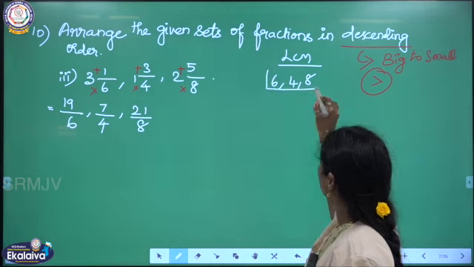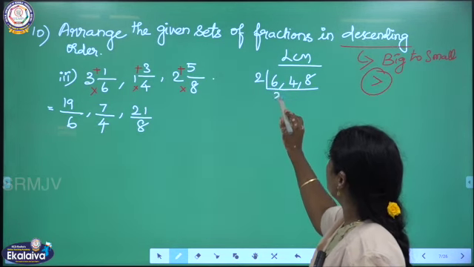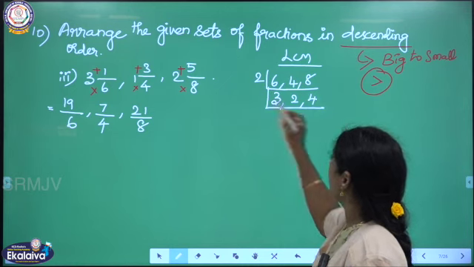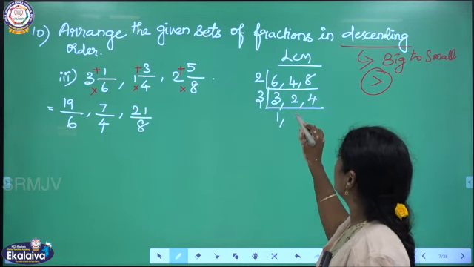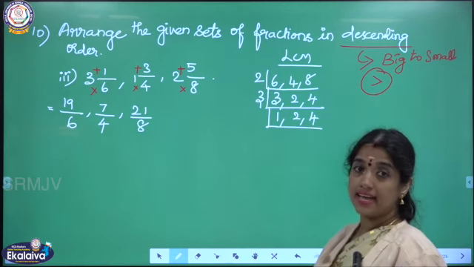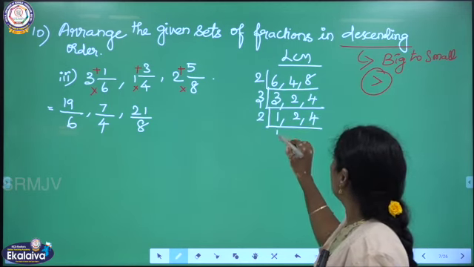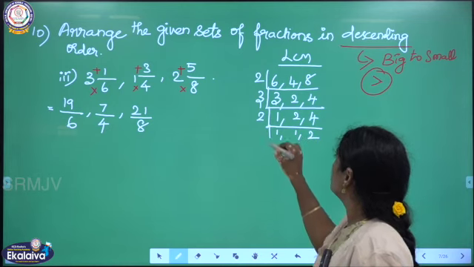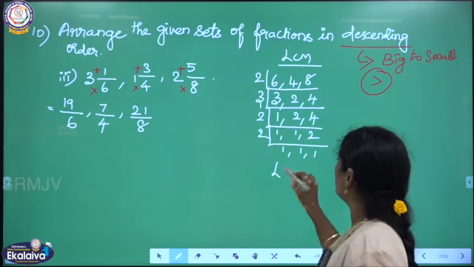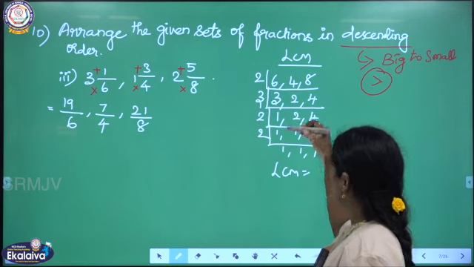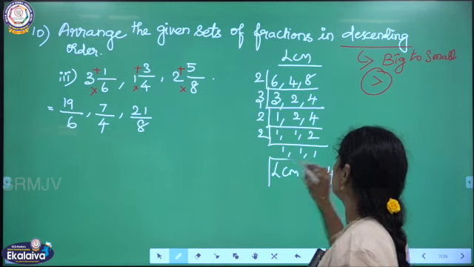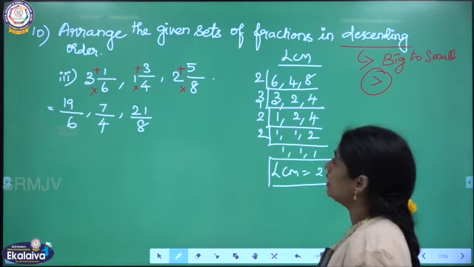Take the LCM for this. 2 3s are 6, 2 2s are 4, 2 4s are 8. 3 ones are 3, 2 I cannot divide, 4 I cannot divide. So drag as it is. 2, 1, 1, 1. So your LCM is 3 2s are 6, 6 4s are 24. The LCM is 24.